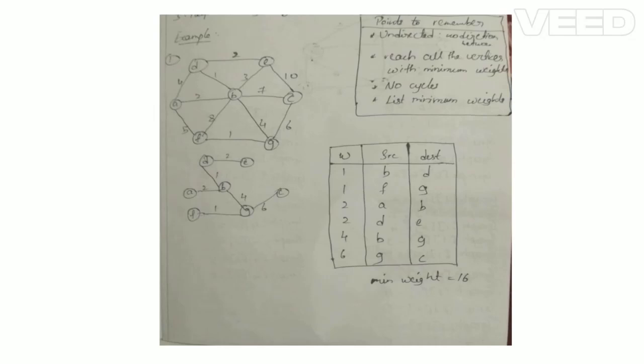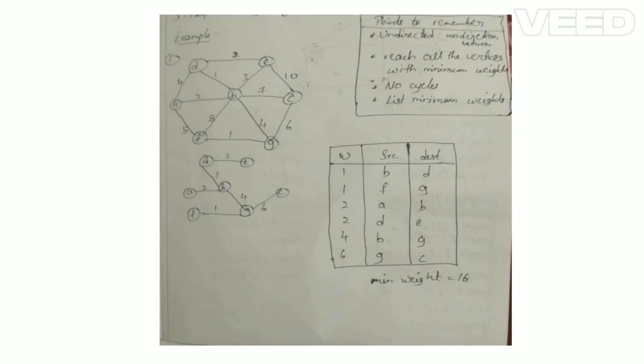Then if we consider 6, it travels from the source G to destination C. And if we consider any other edges 7, 8 and 10, all these edges will form a loop. So we are neglecting those edges.